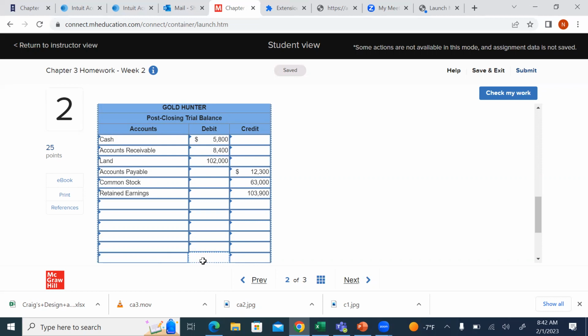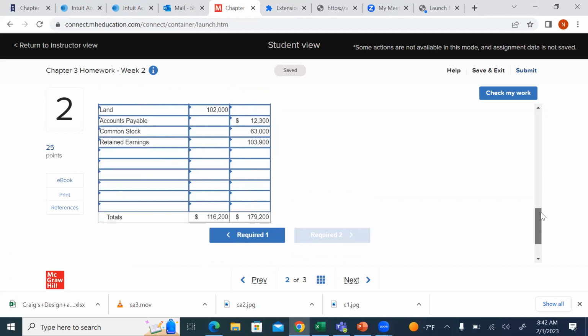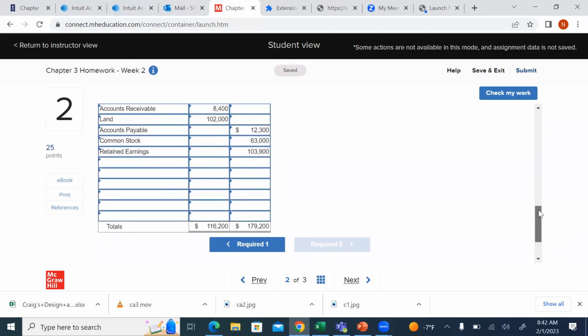I make it more difficult because I know this program can be so frustrating. So our total debits equal what, guys? 102 plus 13, 14. I'm sorry. Okay, guys, I'm wrong.